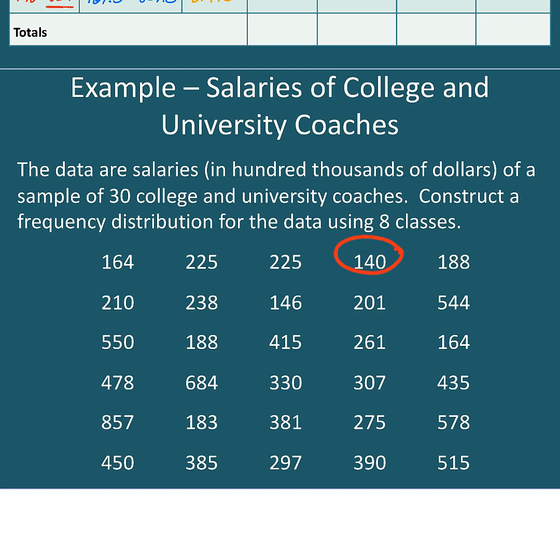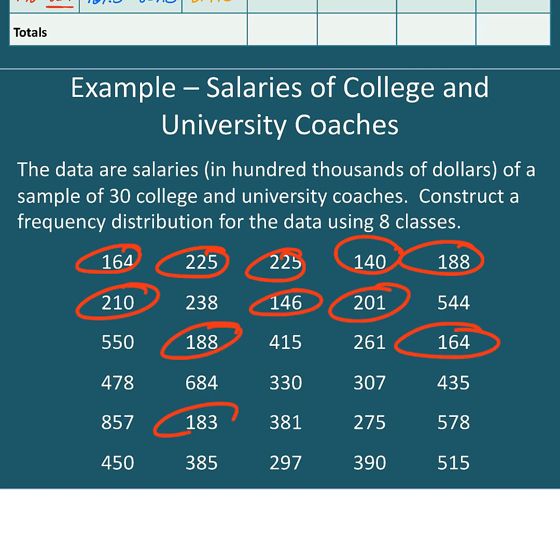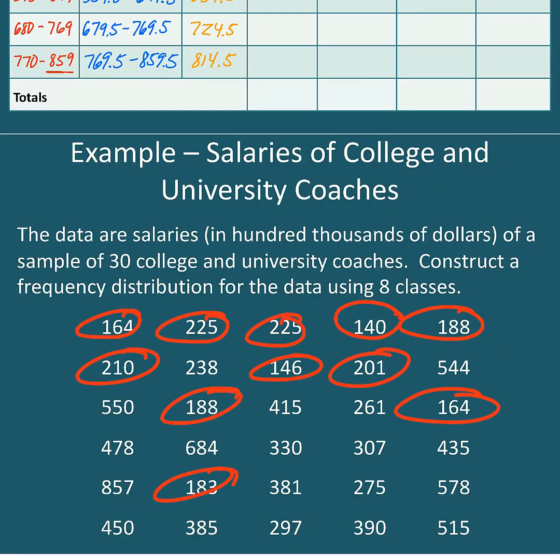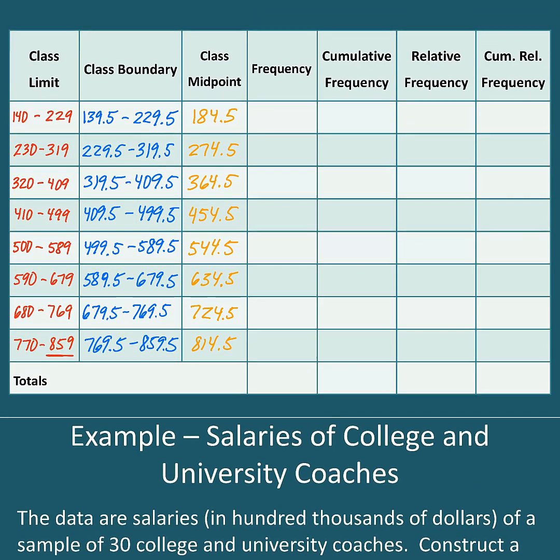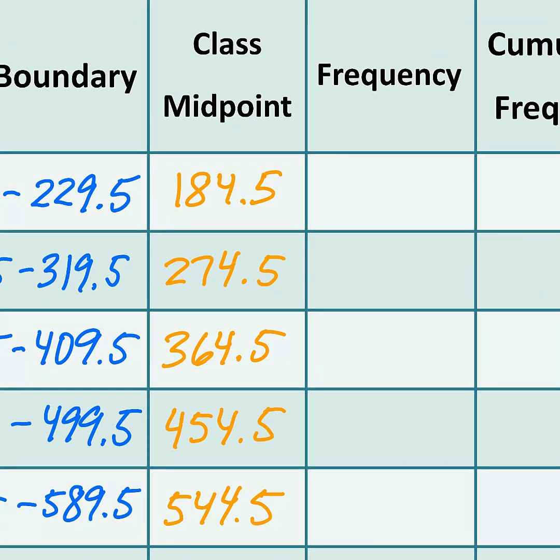Moving along, our first category is 140 to 229. That gives us the following salaries, of which I count 11. Scrolling back up, I'll put 11 in the first class limit.